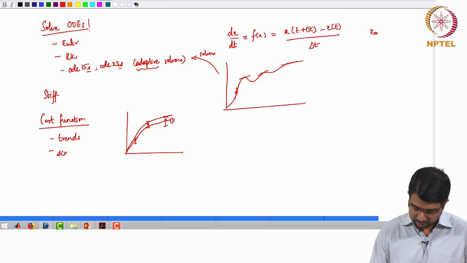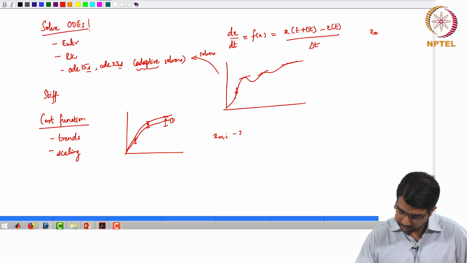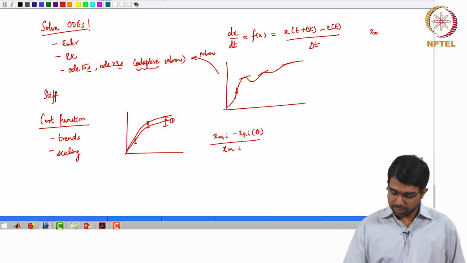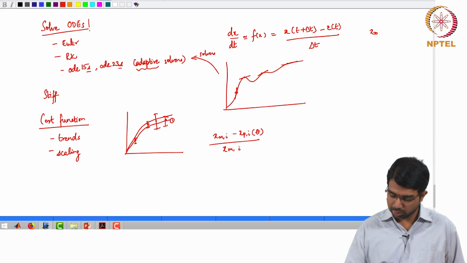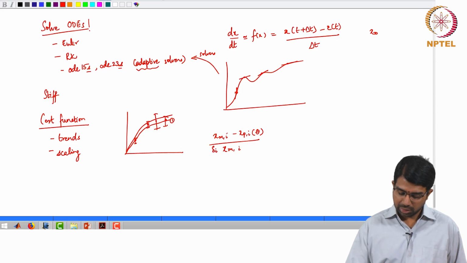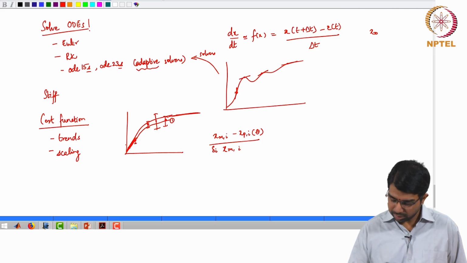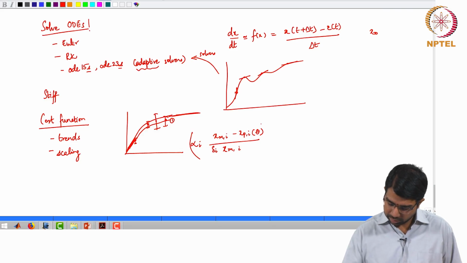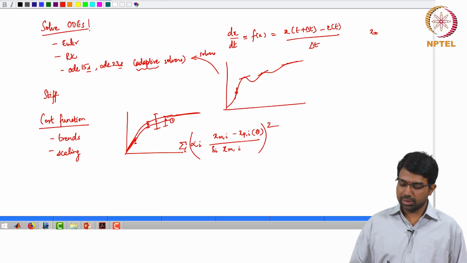First thing is scaling, right. So, we said we will do x m i minus x p i of theta by x m i, right. We said that may not be good enough. So, different points may have different error bars. So, you want to account for that, and you may be less worried about the steady state than the initial reaction. So, you may want to put something else to account for that as well, and we will square this and sum across all the data points.